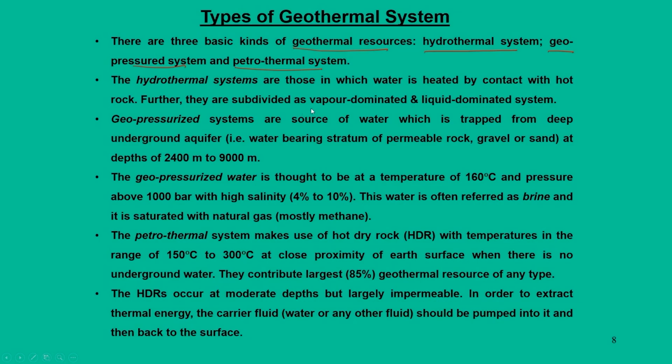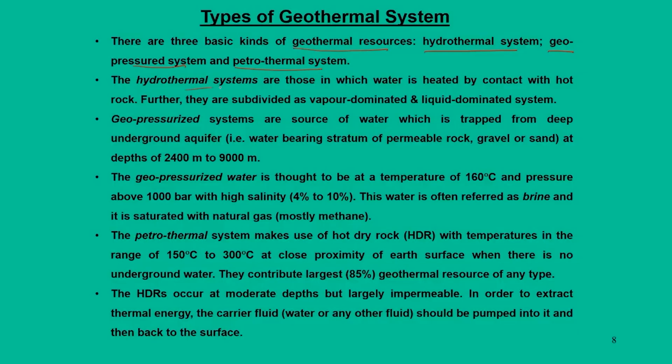We can tap the fluid which is inside the earth crust, either completely high temperature liquids or high temperature vapors. Of course, pressure is much higher, so they are stored in those regions. That is what we call hydrothermal systems. That means we are extracting the fluid from the earth crust.